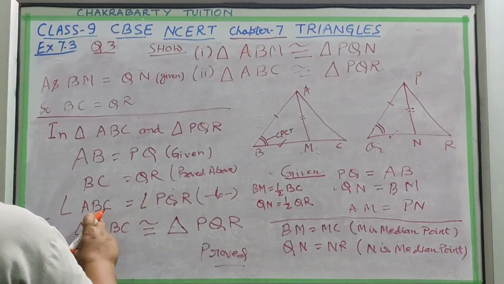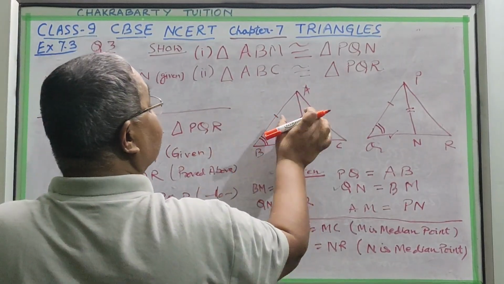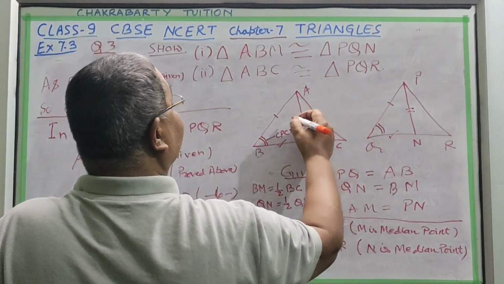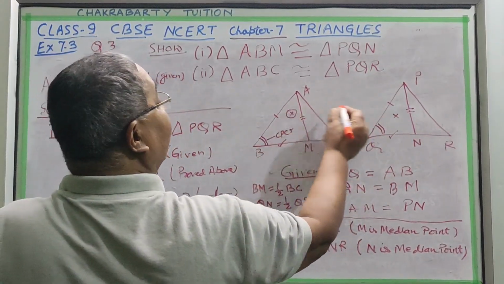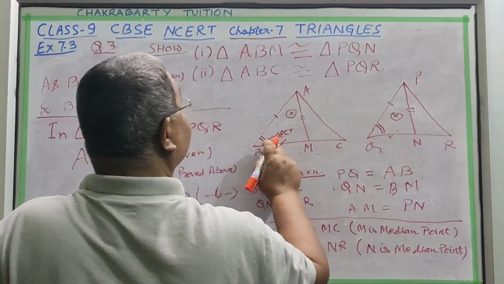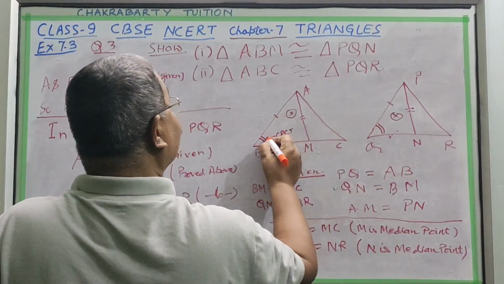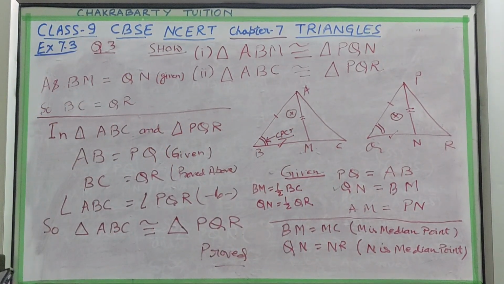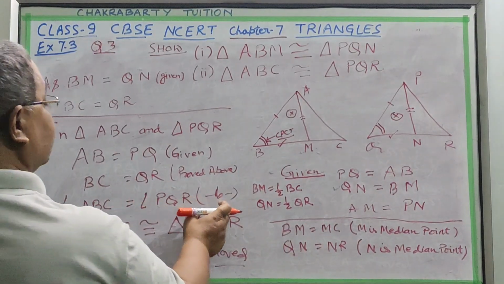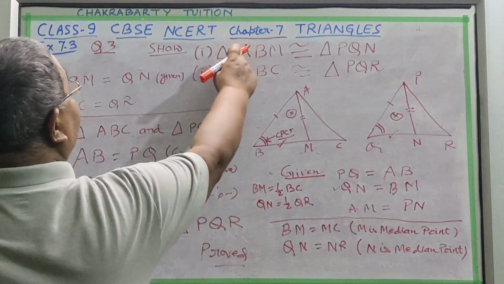So we have already proved that these two triangles are congruent with each other. So this angle will be equal to this one based on CPCT, corresponding parts of congruent triangles. So this is also equal, which we have already proved here.